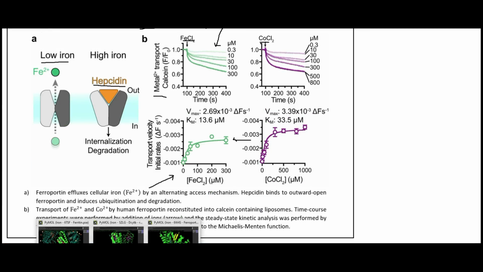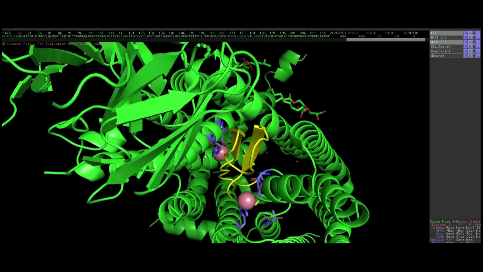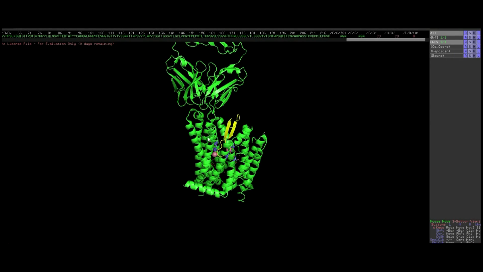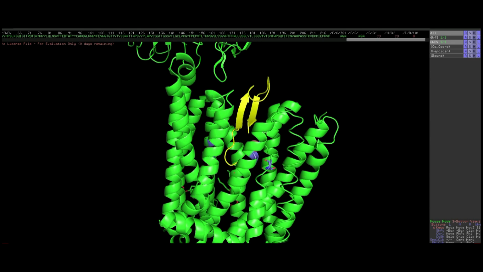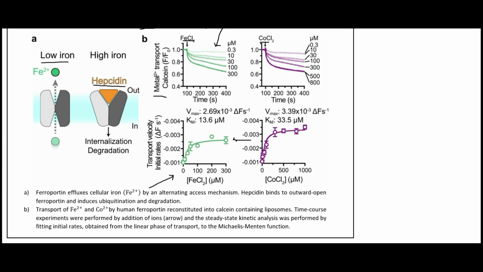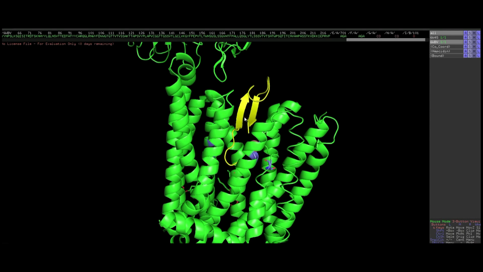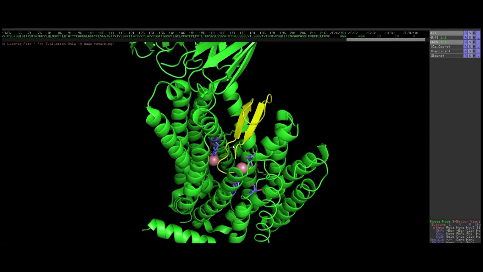So I actually have the ferroportin structure. We can look at that right here. So green is the ferroportin protein. This thing in yellow here is that hepcidin right there. So this little thing right here in yellow is the actual hepcidin.